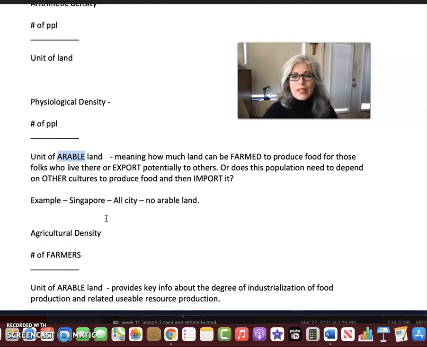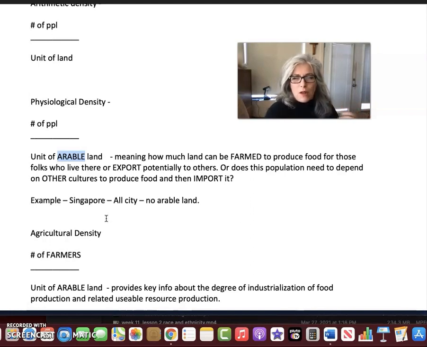And so everybody who lives in this city, you'll have to ask Siri what the most recent population number of Singapore is, but there is no arable land, and therefore they are completely dependent on imports for all of their food. There might be some industrialized food products produced there. I'm not sure whether it's primarily a financial industry kind of place.